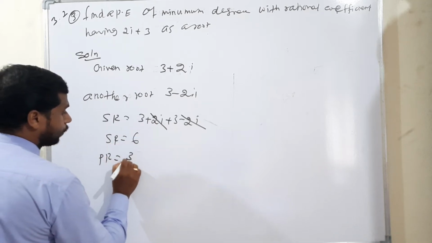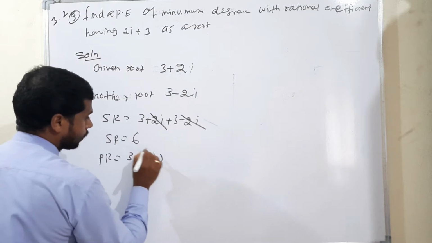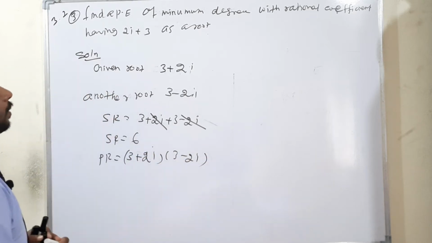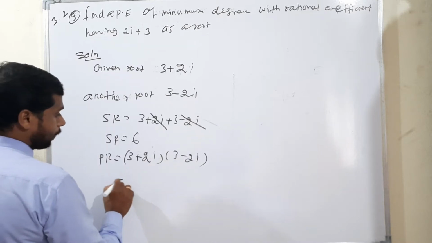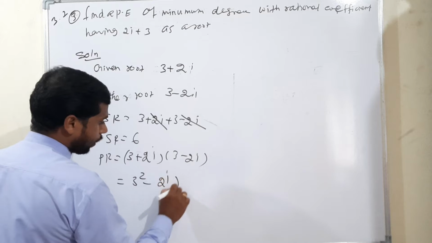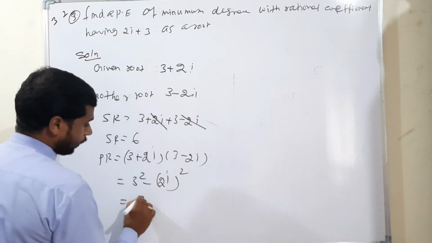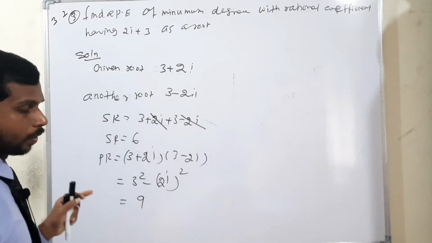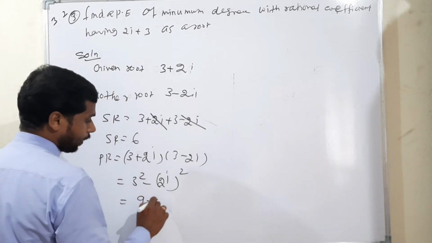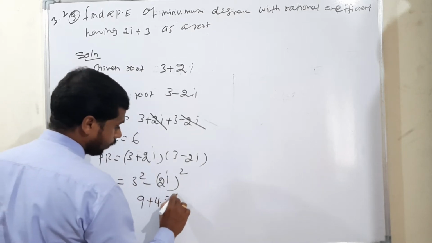Then the product of the roots: 3 plus 2i into 3 minus 2i, isn't it? Now this is the a plus b into a minus b form, a square minus b square, that is 3 square minus 2i the whole square. Again 3 square means 9, 2 square means 4, i square means minus 1, we have the common minus, therefore minus into minus gives plus, 9 plus 4 is equal to 13.